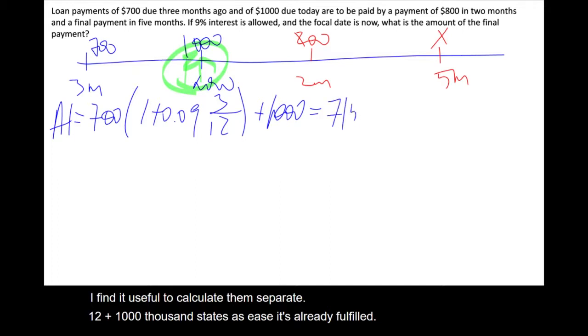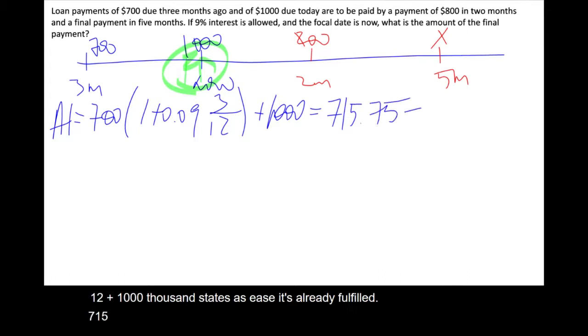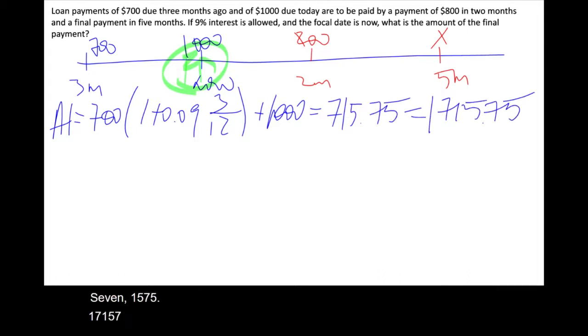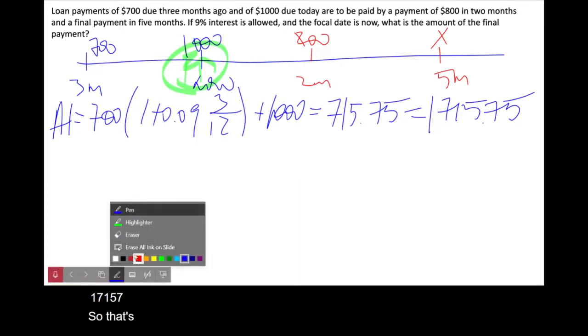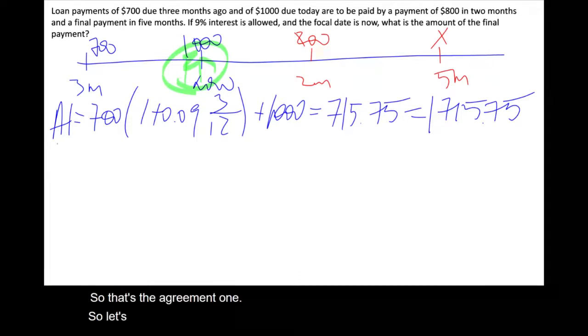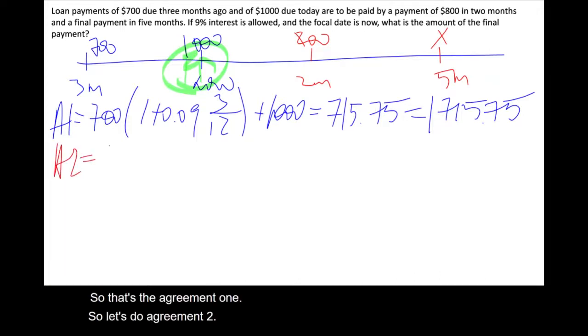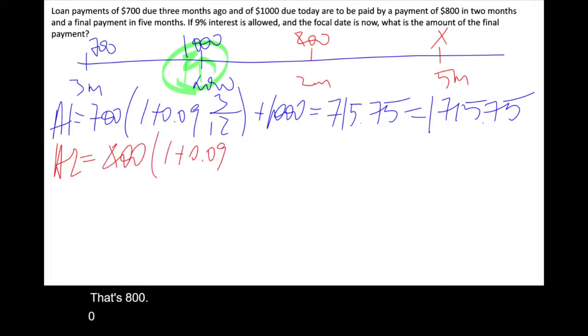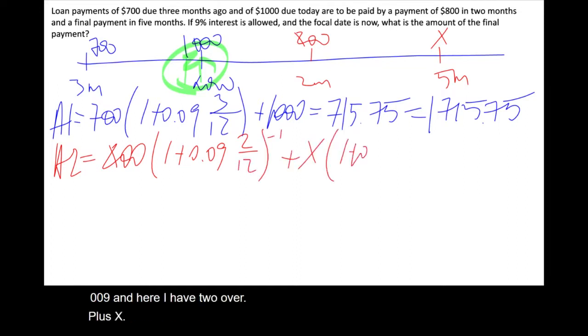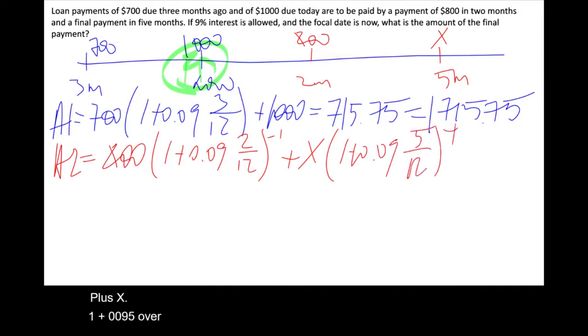So 715.75, 1715.75. That's agreement 1. So let's do agreement 2. That's 800 times (1 plus 0.09) to the power 2 over 12 negative 1, plus x times (1 plus 0.09) to the power 5 over 12 negative 1.